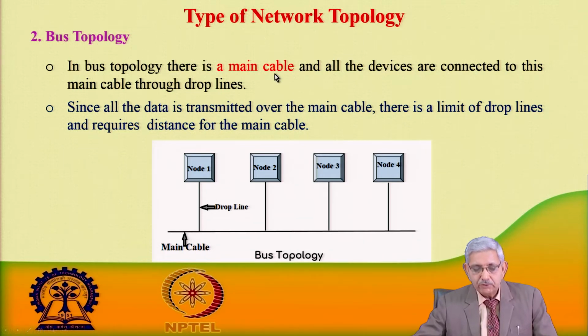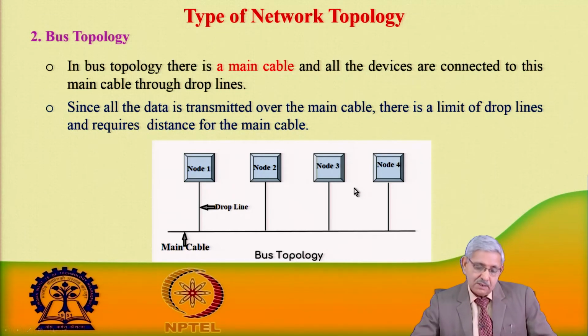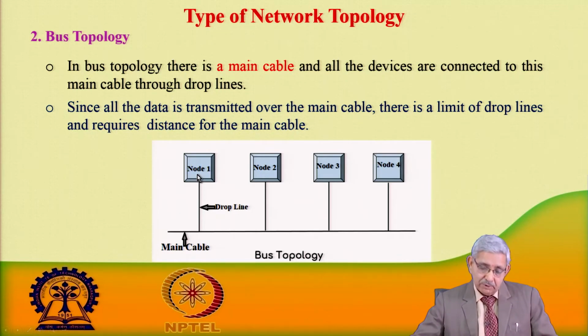In a bus topology there is a main cable and all the devices are connected to this main cable through drop lines. So node 1, node 2, node 3, node 4, all of these have a drop line which is joining with the main cable.